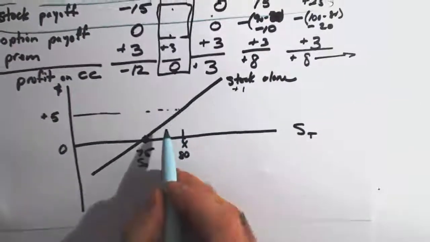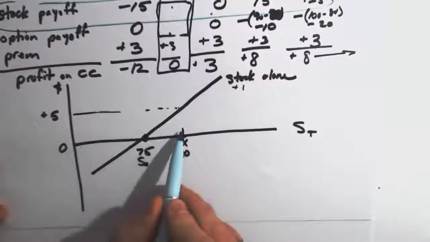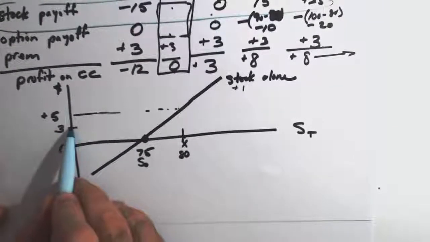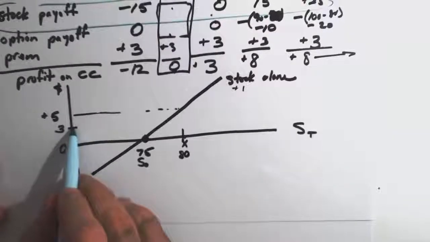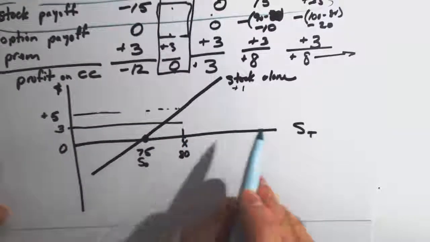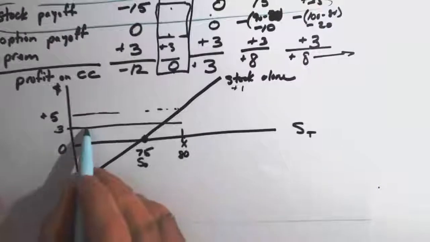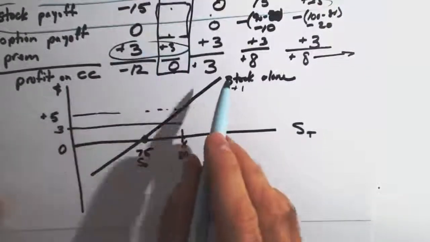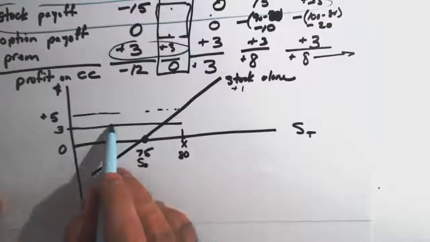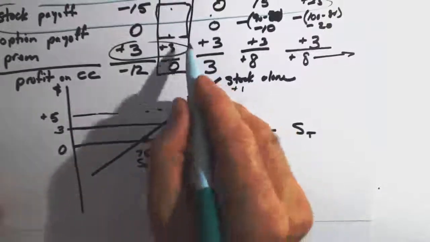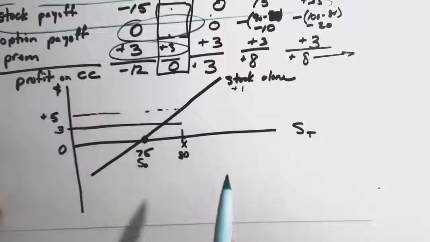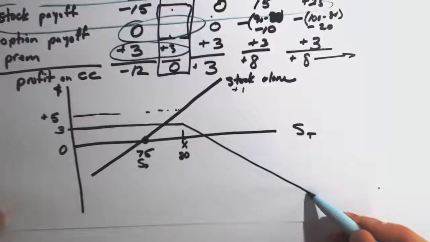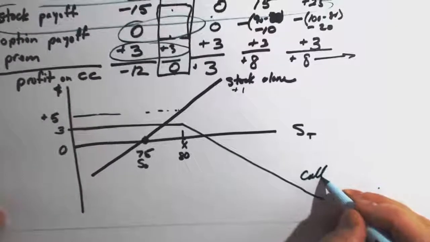So we're going to have a short call where we collect $3, and so if the option is out of the money, we're going to have a straight line, a slope of 0, at the $3 premium collected, because the option's payoff will be 0. Now what's going to happen is it's going to kink at X, and it's going to go down. This is the call by itself.